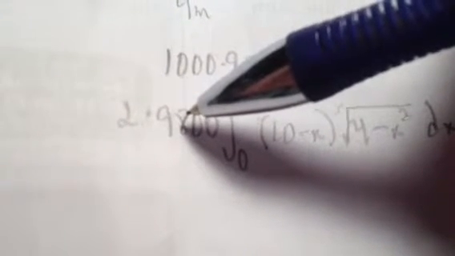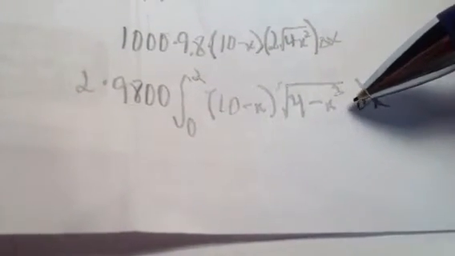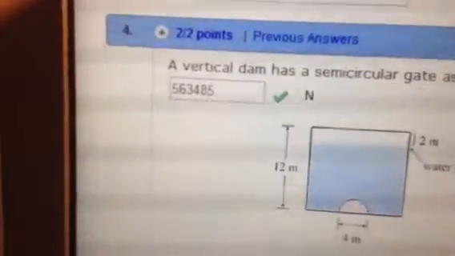What would that be? It'd be 19,600, maybe. I don't know. And then you just integrate this, which I'm not going to do. Use Wolfram Alpha or something. Anyways, your final answer will be that.